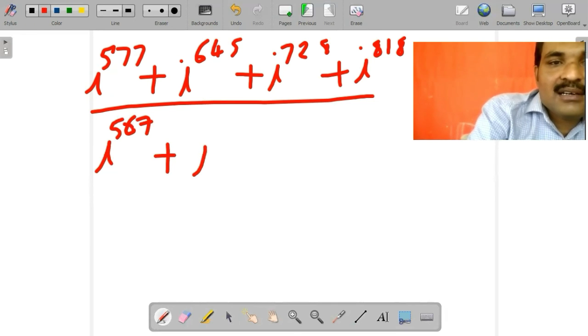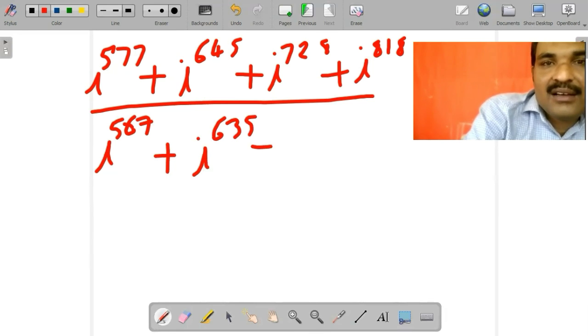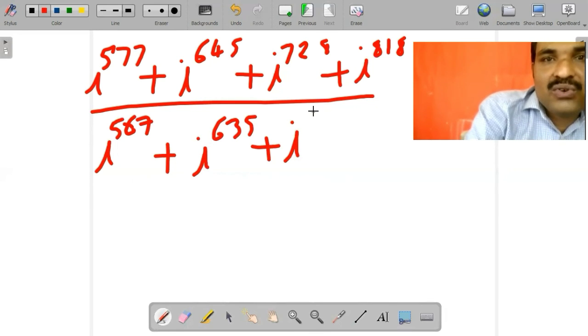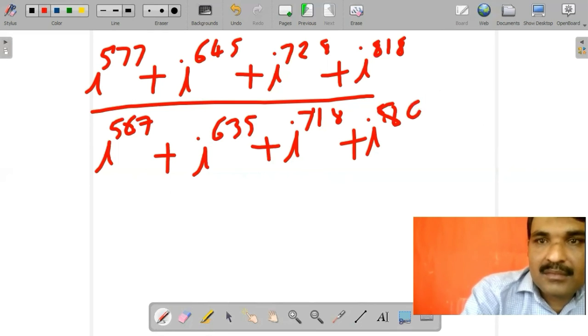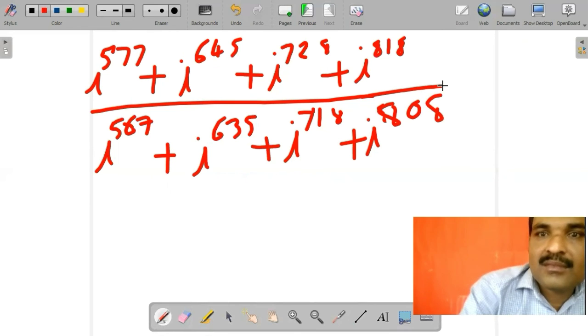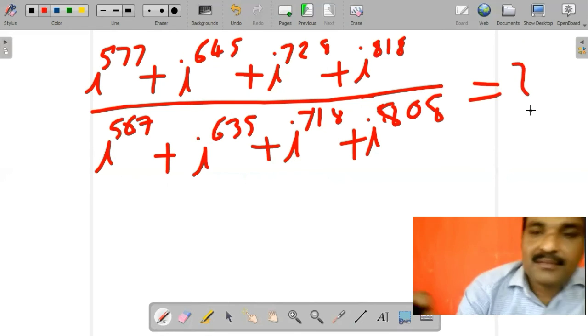Plus iota raised to 635 plus iota raised to 718 plus iota raised to 808. This is equal to question mark.